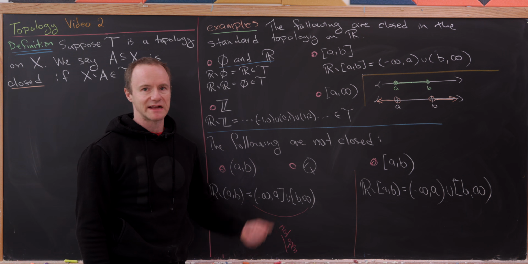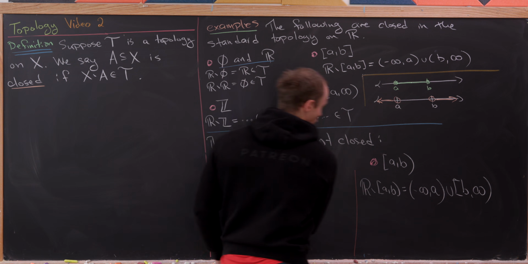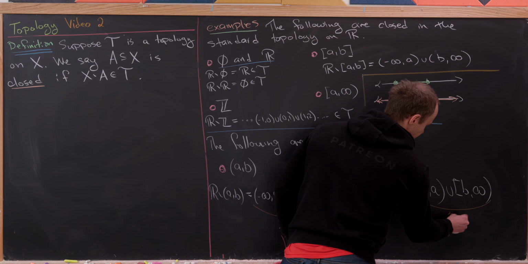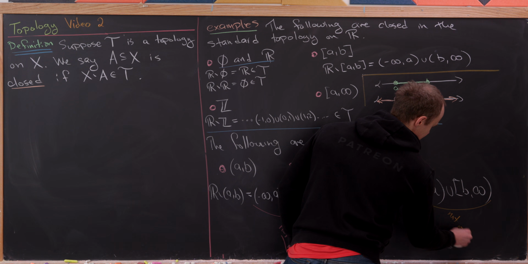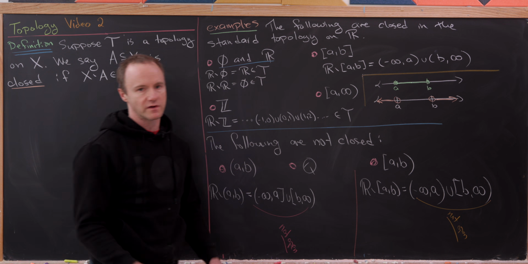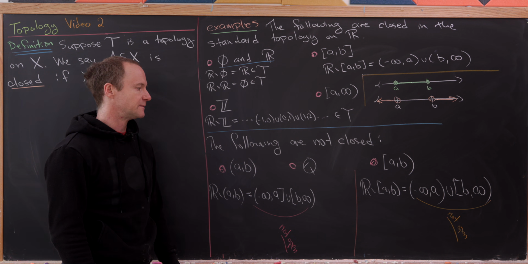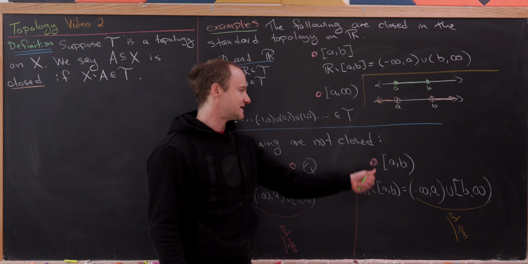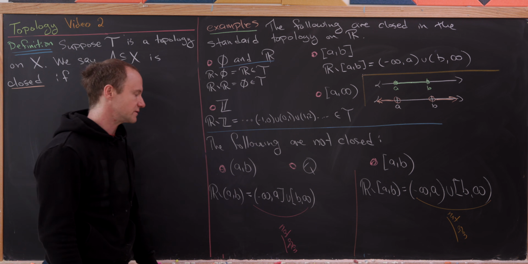But notice the right-hand side there is not an open set. And you can check that it's not an open set using the same strategy that we did last time with this point b over here. That's kind of what makes it not open. But if that complement is not open, that means the original set is not closed.